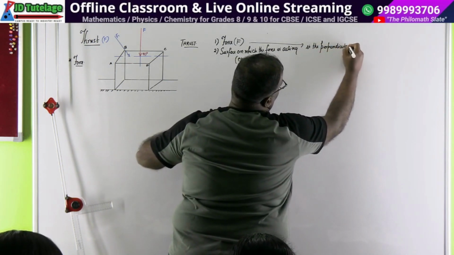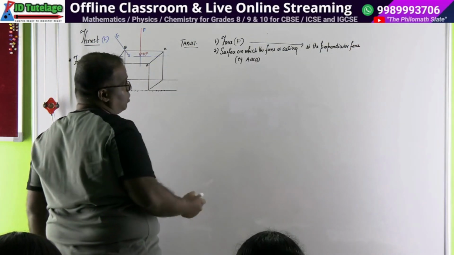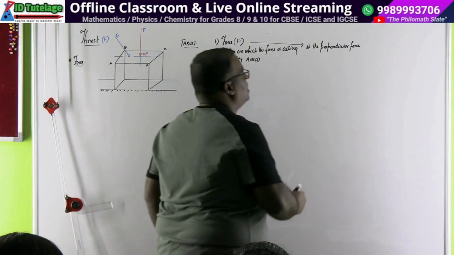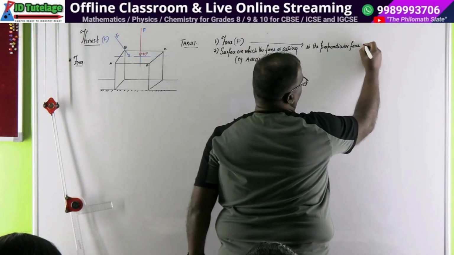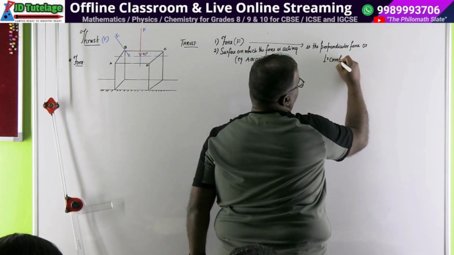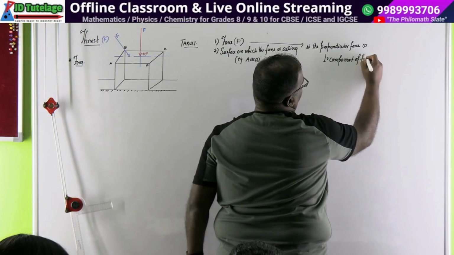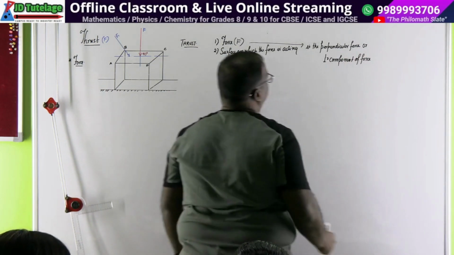Perpendicular force. Or in higher classes, you will understand the perpendicular component. It is either the perpendicular force or the perpendicular component of force. Write down, component of force. We will explain this later.